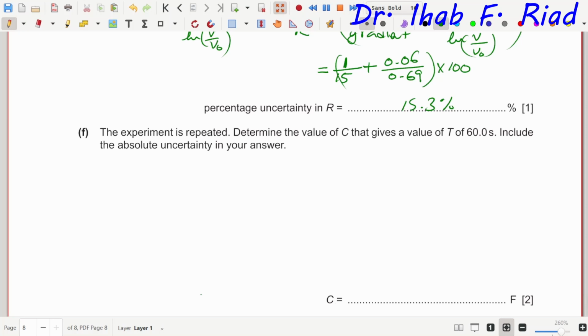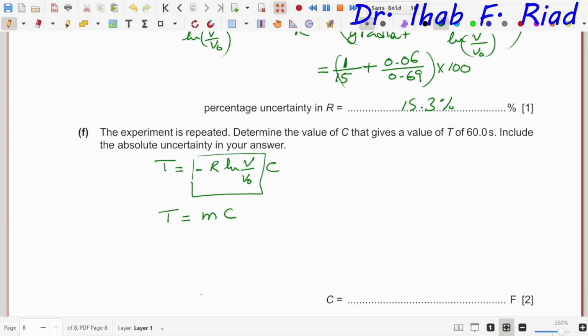Okay, we have T is equal to minus R ln V over V naught. Okay, C. This is the gradient, right? So T is equal to MC.